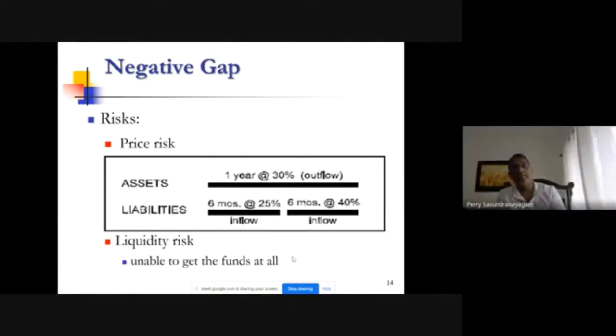So the only reason the bank creates a negative gap is, A, because it has a view on rates and wants to monetize the interest rate view, and B, because it can generate deposits now at a cheaper rate and generate assets at a higher rate.